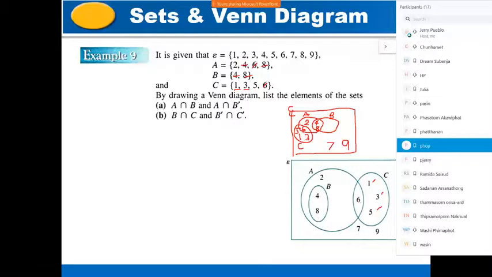With the common of the 6 here, right? And the set B is 4 and 8. That's why it is inside of set A. And then part of the set A, you have 2 outside here. That's why you have 1. This is the proper way of drawing the Venn diagram using the elements.